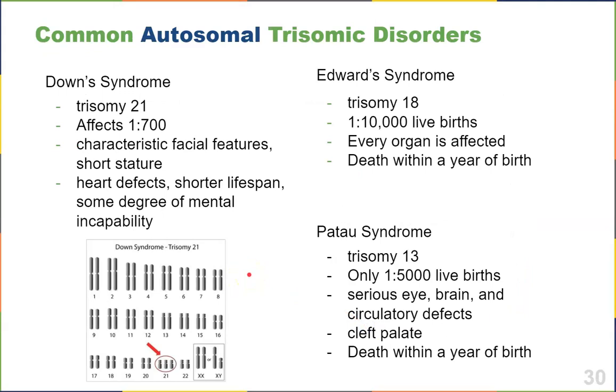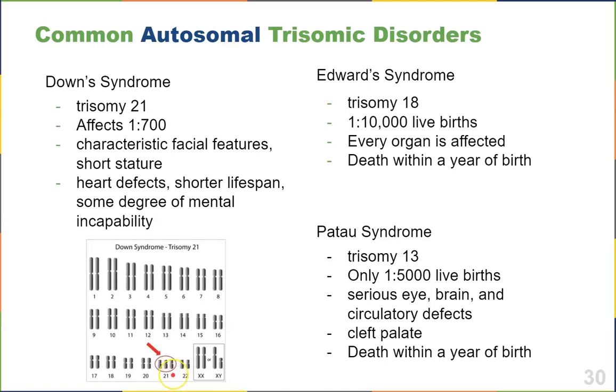Okay, so let's talk about common autosomal trisomy. So remember, trisomy means that there's three chromosomes where there should only be 2. Autosomes are going to be numbers 1 through 22. Okay, so all of these occur outside of the sex chromosome realm. So Down syndrome, you heard me mention before, occurs on chromosome 21, where there's an extra chromosome.